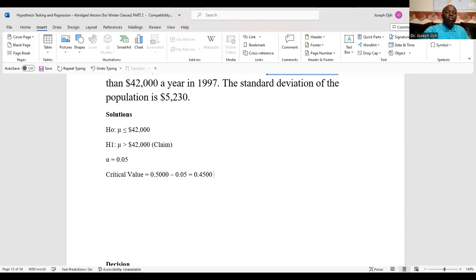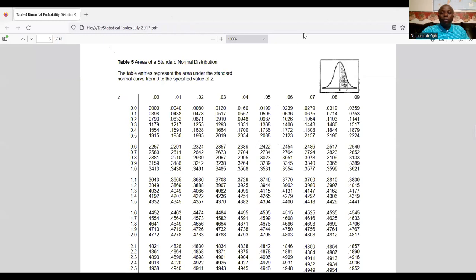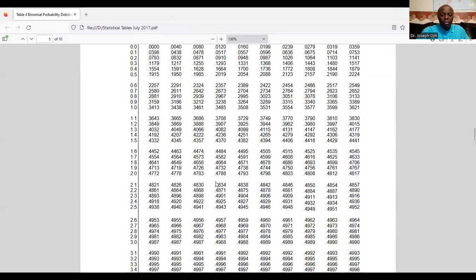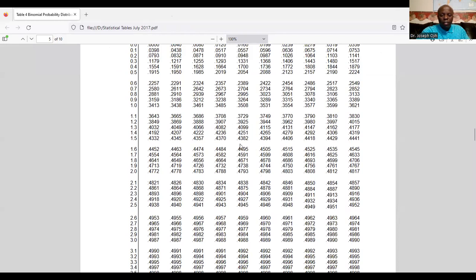So why do we add 2 zeros to that? Because when you look at this table, all the figures have 4 digits. So to complete 4 digits, we added those 2 zeros. Now we can get the critical value by looking for 0.4500 from the table. You come here, 4500, start looking for it here.